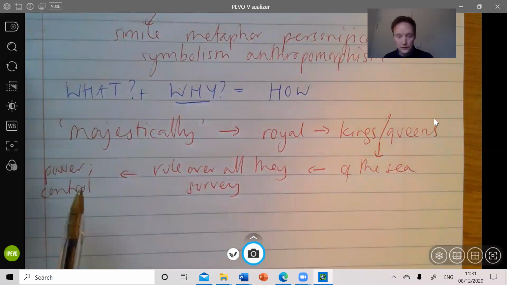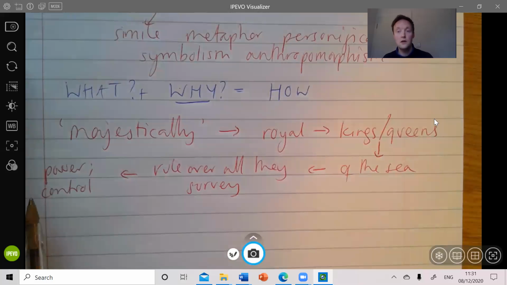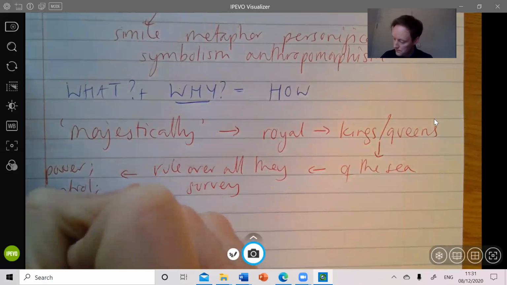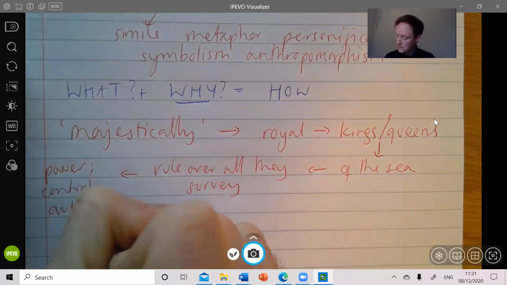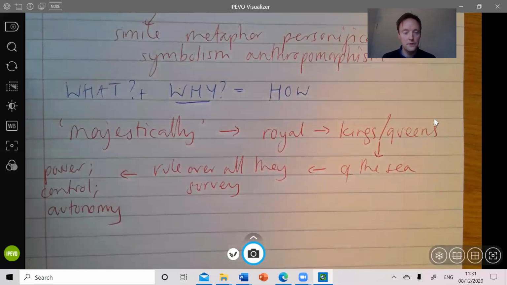Now, you'll see there that I've written the words power and control. Autonomy is the one I added, which is probably my slightly teachery flourish. It's the thing that students and people with a reasonable vocabulary will be able to pick up on. Then the reason for my heavy sigh there is you just have to write this down as a sentence.